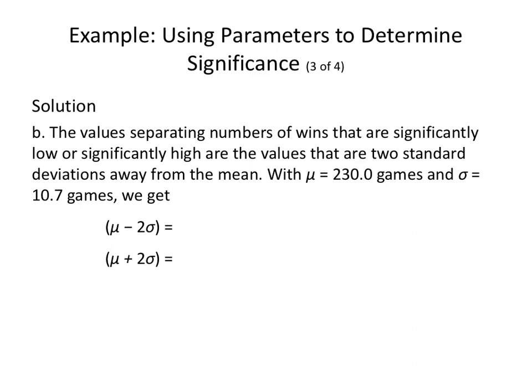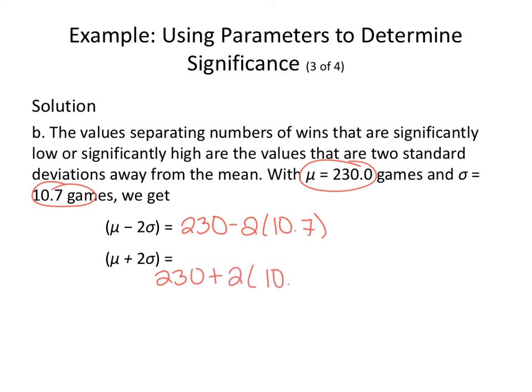The values separating the number of wins that are significantly low or significantly high are the values that are 2 standard deviations away from the mean. So we have our mean of 230 games, and we have found our standard deviation of 10.7 games. We're just going to plug this right into our formula: 230 minus 2 times 10.7, and 230 plus 2 times 10.7.